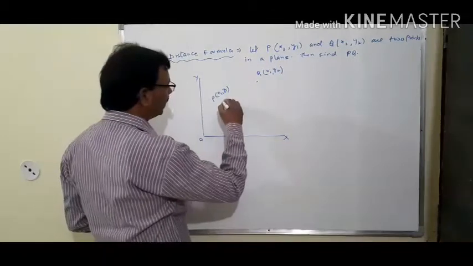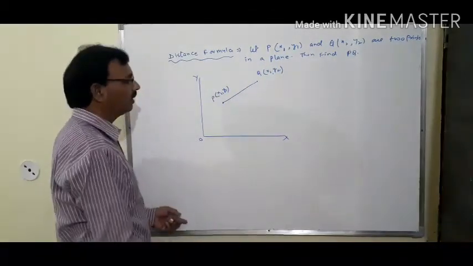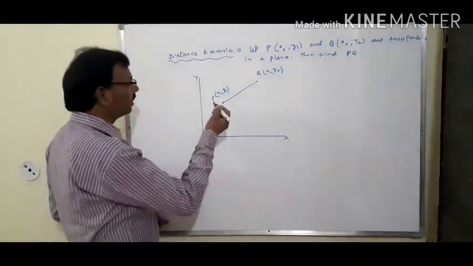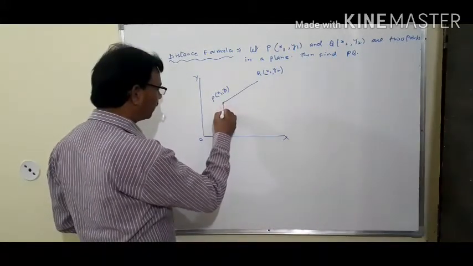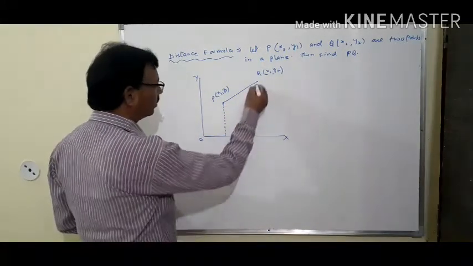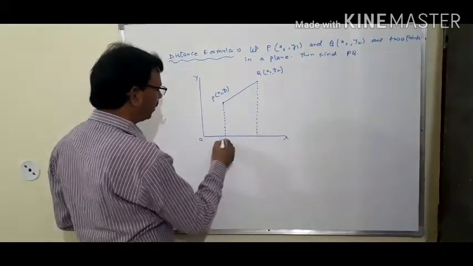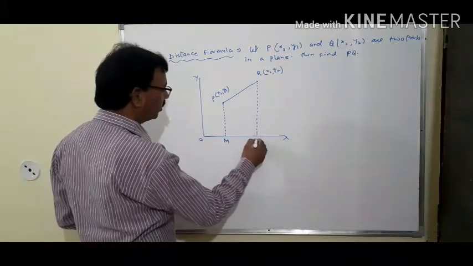We want to find the distance PQ. For this, we draw the perpendicular from P on the x-axis and from Q on the y-axis. This will be PM and this will be QN.